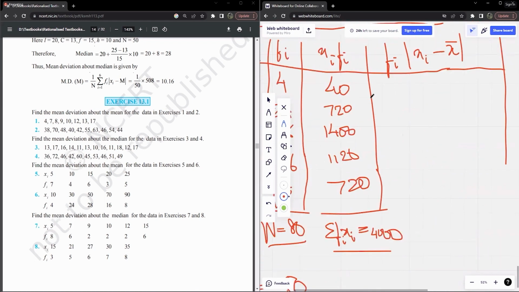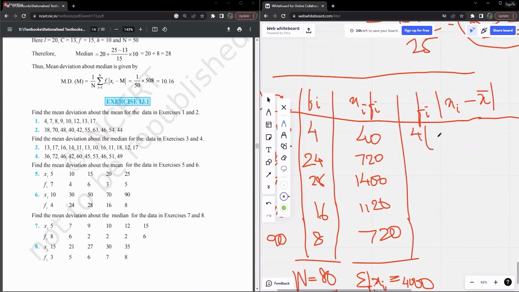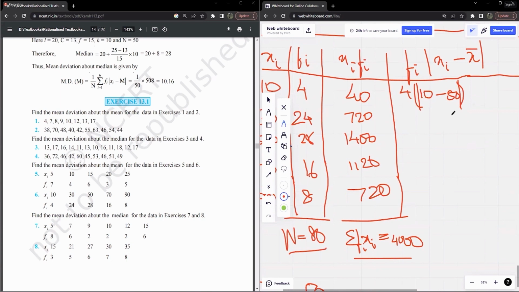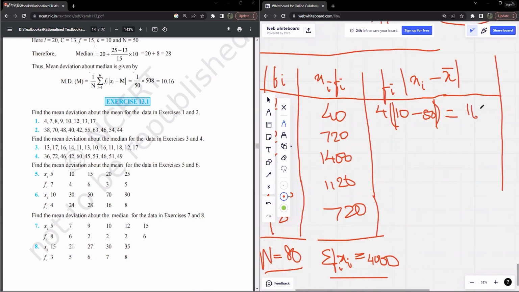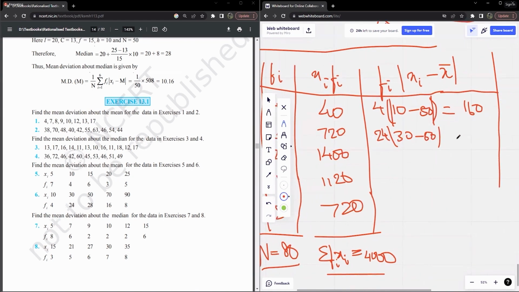Cool. Therefore, this is going to be 4 times mod of 10 minus 50, a modulus, which is going to be equal to 4 times 40, 160, right? This is 24 times mod of 30 minus 50. This is 24 and 20. That is 480.